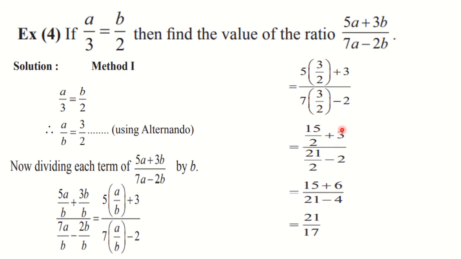And when you multiply here by 2, you will get 6, 3 2s are 6. Similarly, down here, you will get 21, and when you multiply here by 2, you are going to get minus 4. So 15 plus 6 is 21 and 21 minus 4 is 17. Our answer is 21 upon 17.